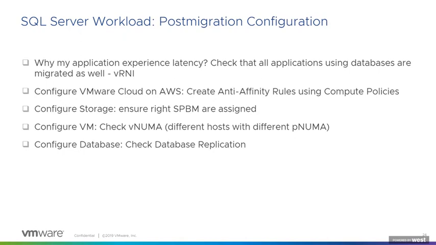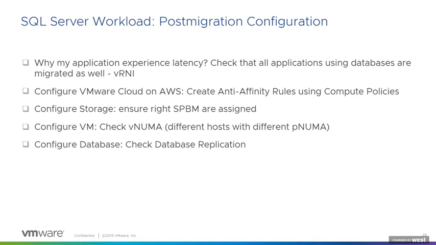For your post-migration configuration, that is where you would be preparing for the operational part of your SQL Server workload on hybrid cloud. Check your application dependencies. Ensure that there is no additional latency between your application components after you moved your database to cloud.